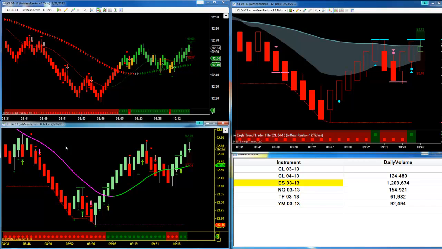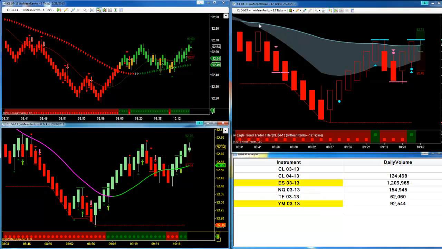Now, the last thing that I want to point out is that DTS was designed for all three of these futures trading strategies to work together. And I'm going to give you just one example here. What I like to look for before I take a short trade on the Hawk or before I take a short trade on the Falcon, I like to see everything lining up on my Eagle Trend Trader.